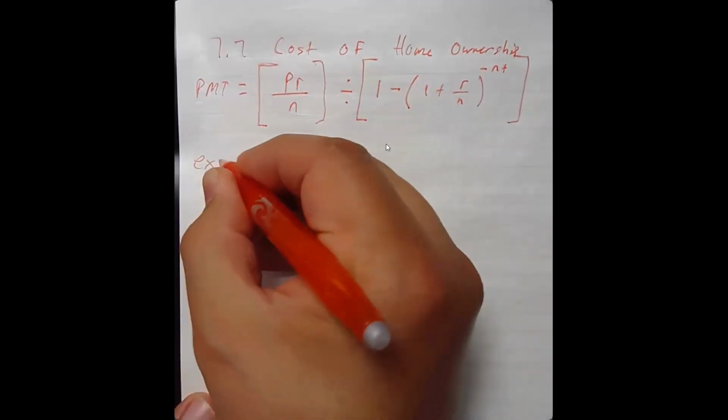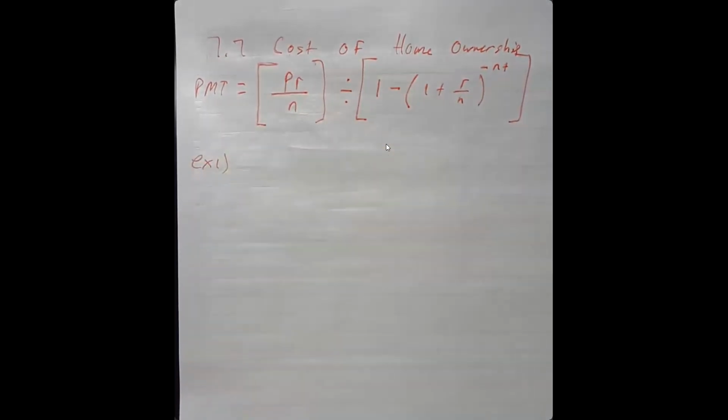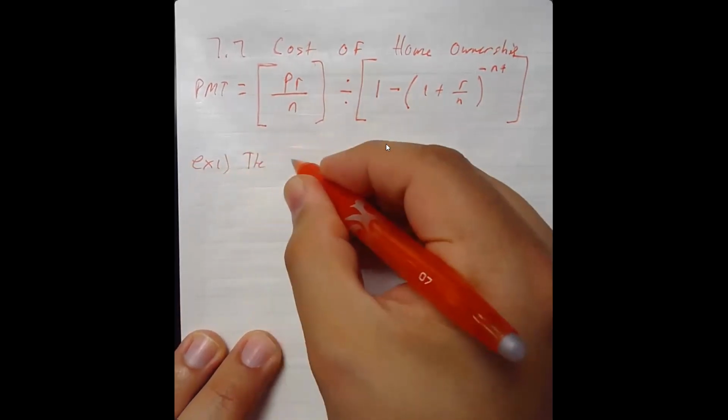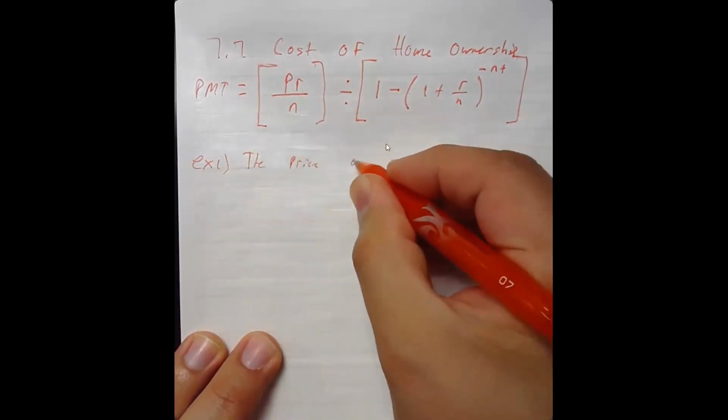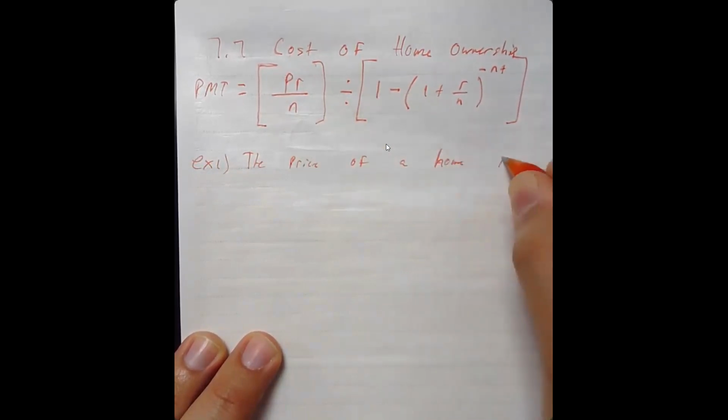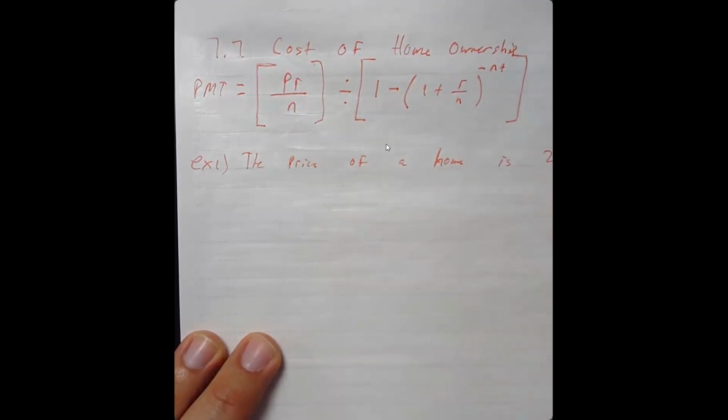So first example says, price of a home is $280,000. The bank requires 20% down.